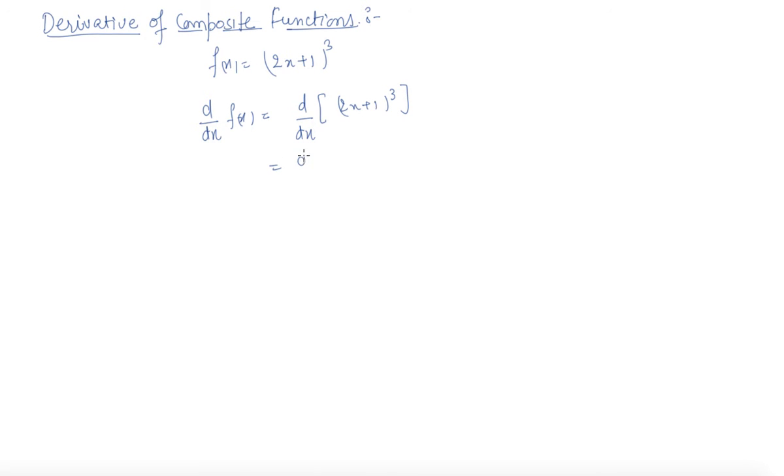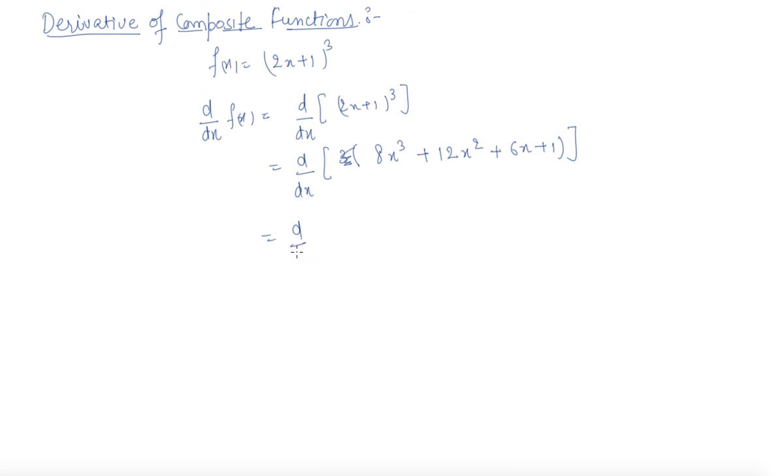As I have told you, the power comes in front and the power is reduced by 1, or we can open the cube. If I apply the formula of (a plus b) cube, the function becomes like this.